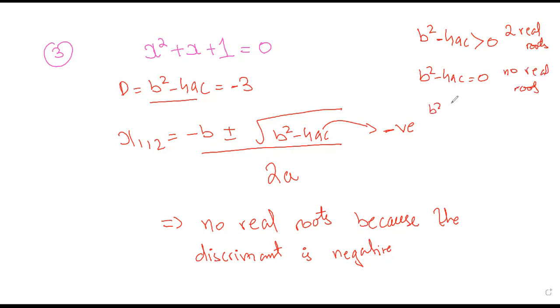And whenever you have b square minus 4ac less than 0, you will have no real roots. So is this clear? And what about you, Gayatri?